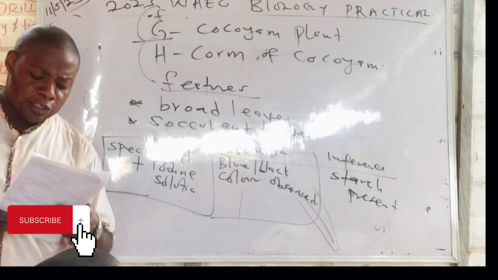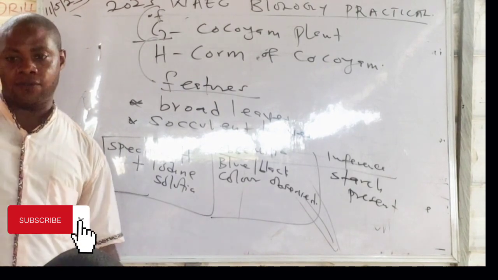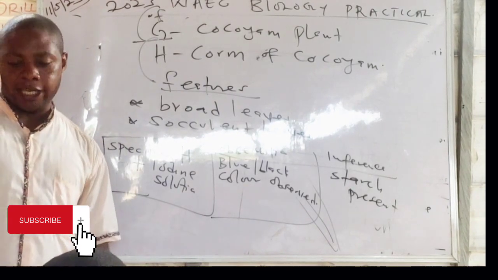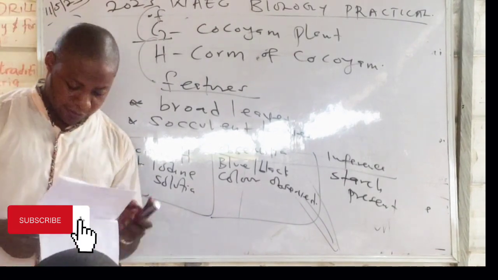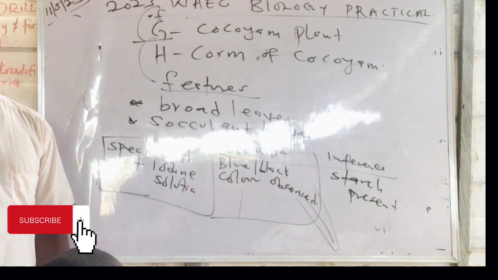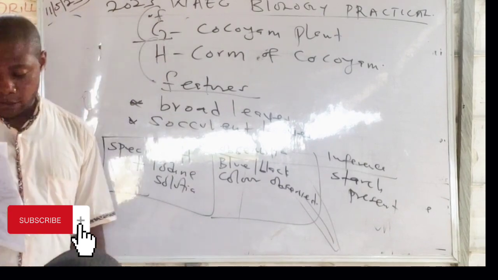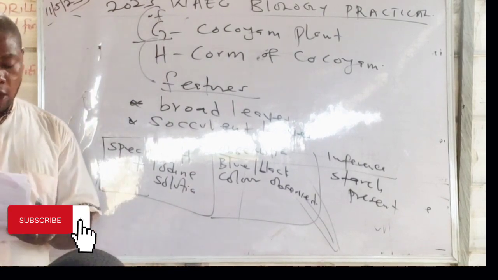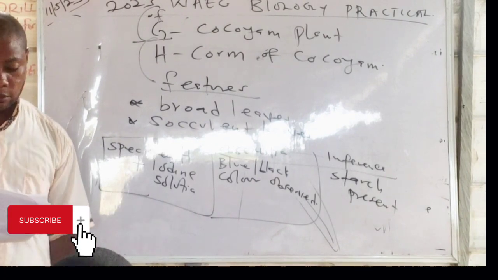Now let's go to adaptation of specimen H to their habitat. How have they been surviving in their environment? Now, one, are you writing? They have buds for propagation. Yes. Let's go. We're already in H. They have buds for propagation.